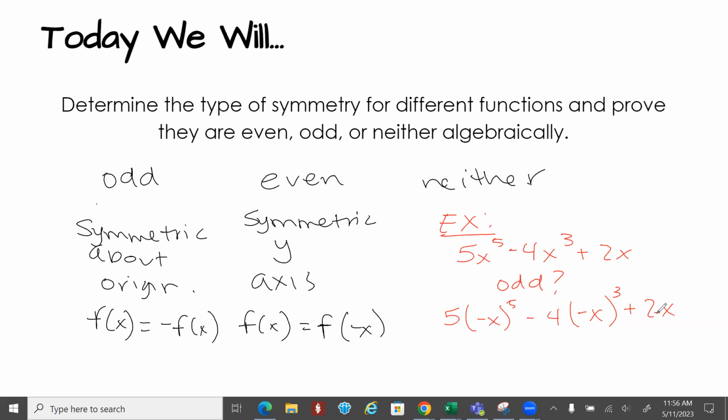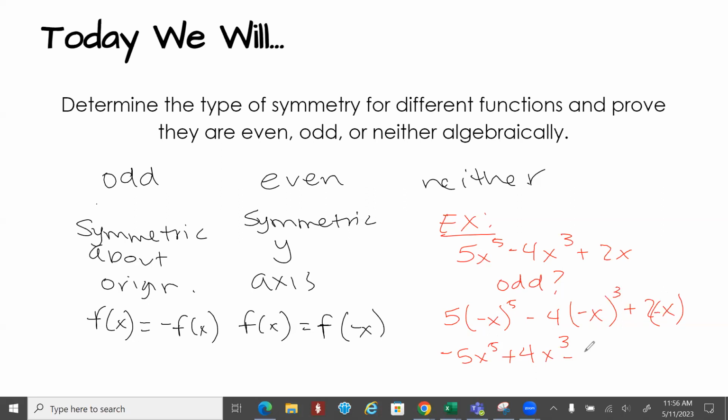Okay, so what I'm going to do is think about it. If I take -1 and I raise it to the 5th power, that's still going to give me a negative out front, right? It's going to be -1. So this would be -5x to the 5th. If I took -x and cubed it, that's still going to give me a negative out front, which will make this one positive.